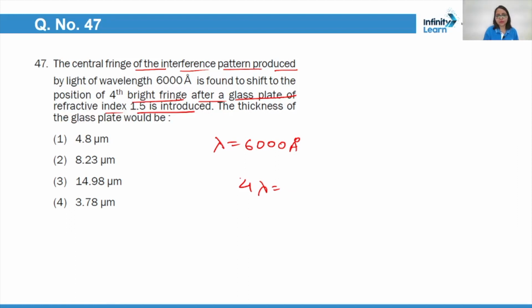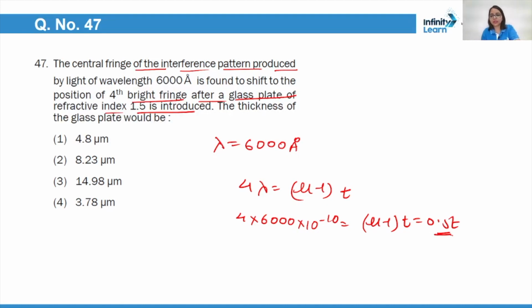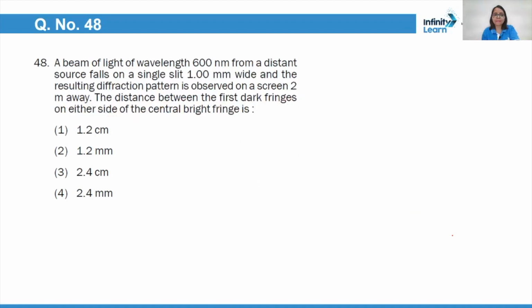So this will be 4 lambda equals mu minus 1 into T. So 4 into 6000 angstrom equals 1.5 minus 1 into T, which is 0.5 into T. So after solving this, you'll get the thickness as option 4.